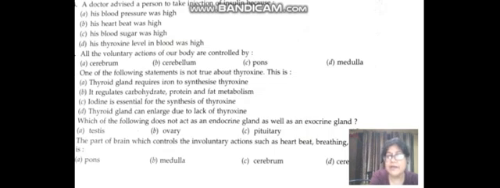Please remember this line: the mineral necessary for the preparation of thyroxine in our body is iodine. The thyroid gland can enlarge due to a lack of iodine, and it is generally found in our neck. So the statement that the thyroid gland requires iron to synthesize thyroxine is wrong. Actually, iodine is necessary for the formation of thyroxine. So option C is the wrong statement.